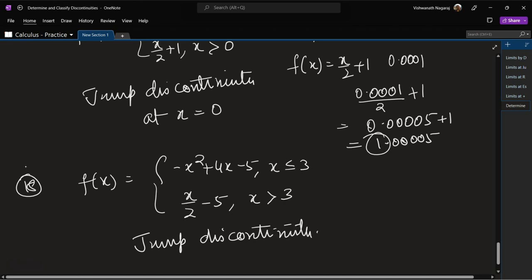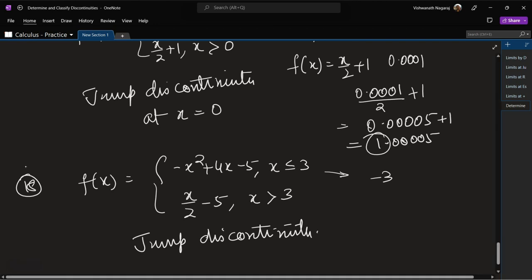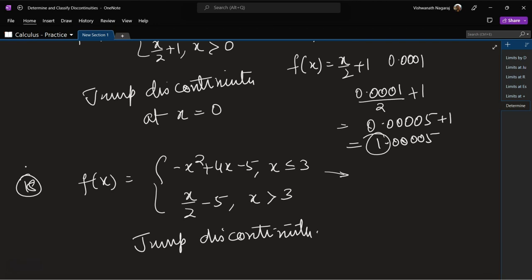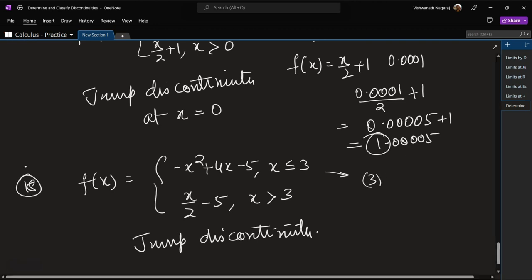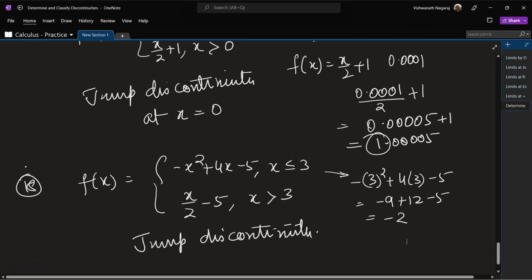So if it is 3, then with this it will be minus 3 square plus 4 times 3 minus 5, which gives us minus 9 plus 12 minus 5, which gives us minus 2.